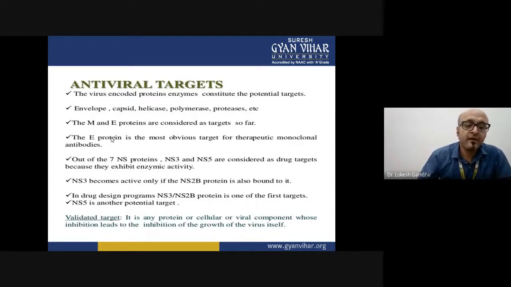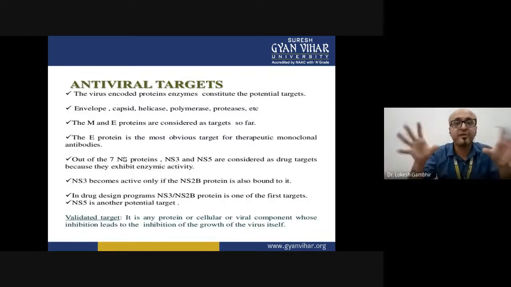So out of the 7 non-structural proteins, two proteins that we discussed, NS3 and NS5, the helicase-protease complex NS3 and the methyltransferase and polymerase complex of NS5, these two are the most putative targets, because one is responsible for replication, and the other is responsible for peptidyl cleavage to give rise to functional proteins.